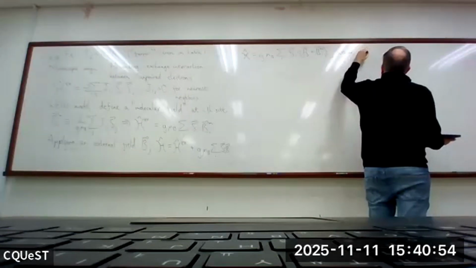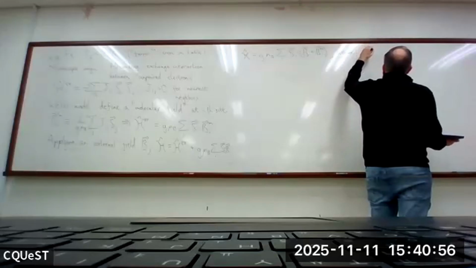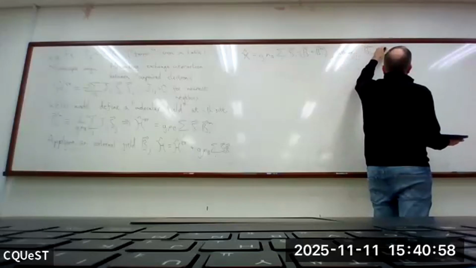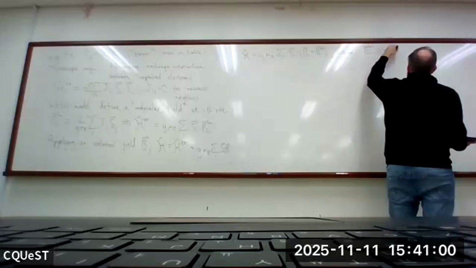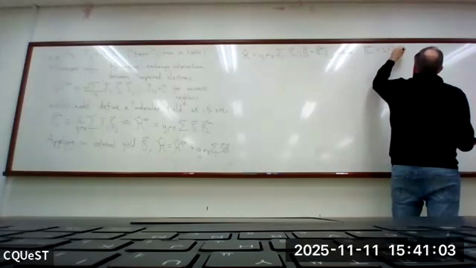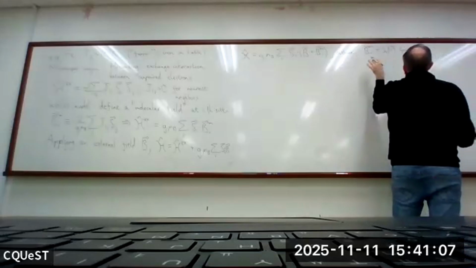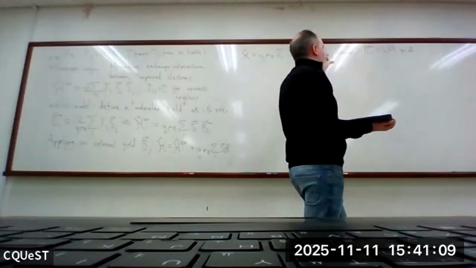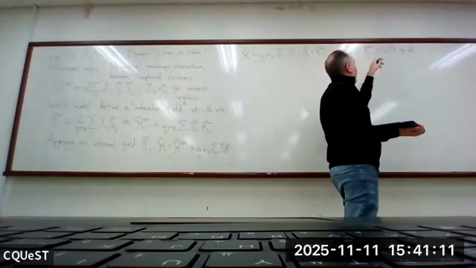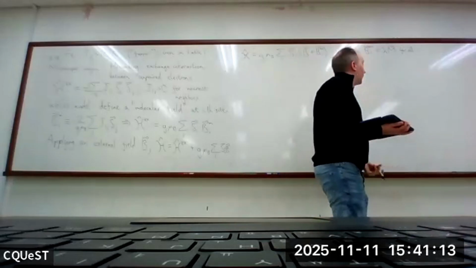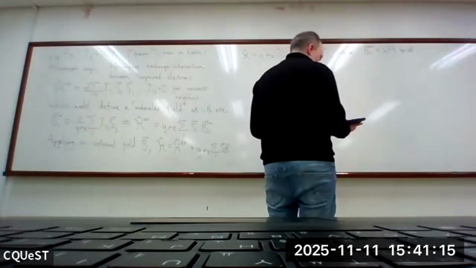So we assume that the field is some constant lambda times M for all I. We assume it's all very uniform, very homogeneous, and every electron feels the same molecular field.